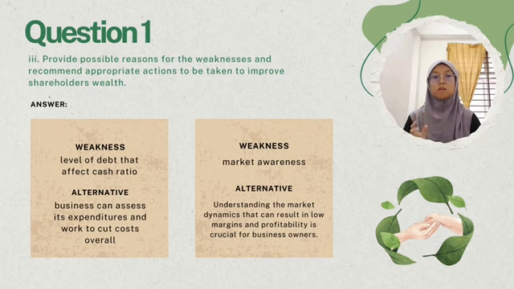Three Romans about weakness and the action the company can take. For the first one, the weakness is about debt levels, which means that a business with high debt levels may find it difficult to keep their cash ratio high because paying down debt may take up an important amount of their cash flow.